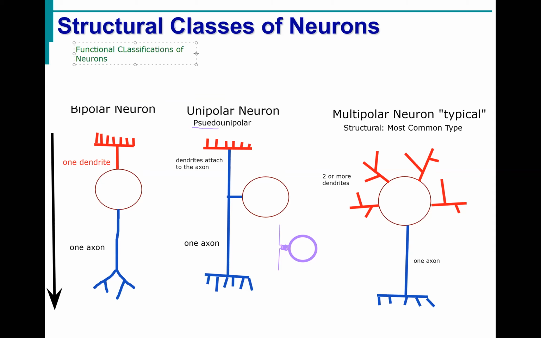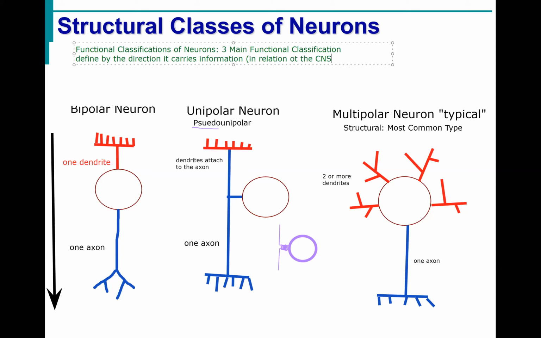The good news is that just like there are three structural classifications, there are three main functional classifications. Basically, we define them by the direction it carries information, in particular in relation to the central nervous system.